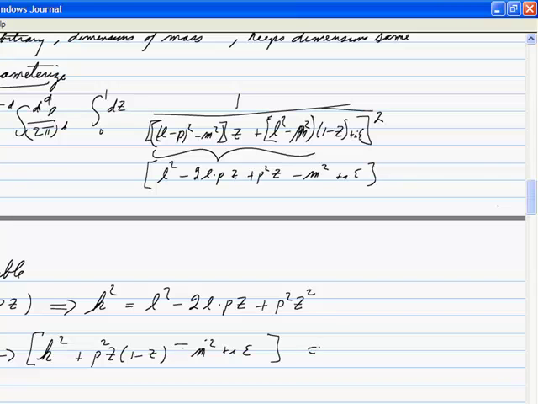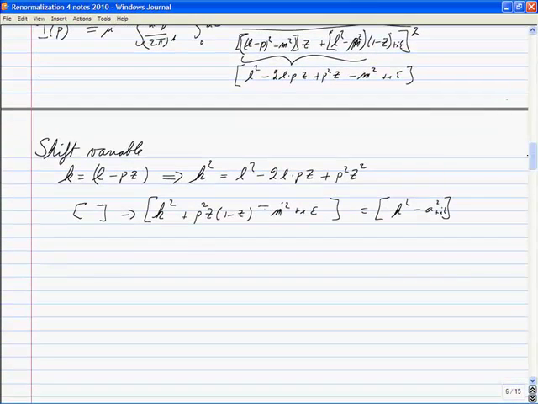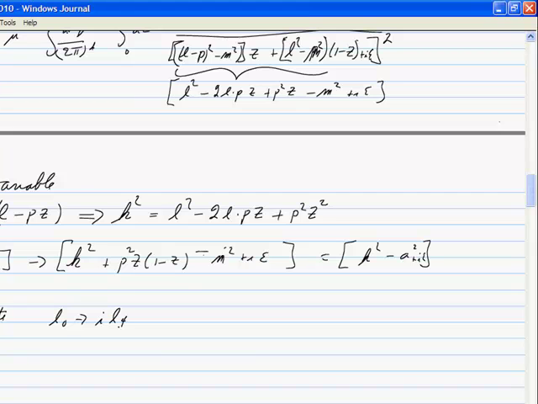Now I will define this as K squared minus A squared, and I guess I'll keep the plus iε there. Then the next step is always this Wick rotate. I take L0 and write it as iL4, or in this case it's K0, K4.